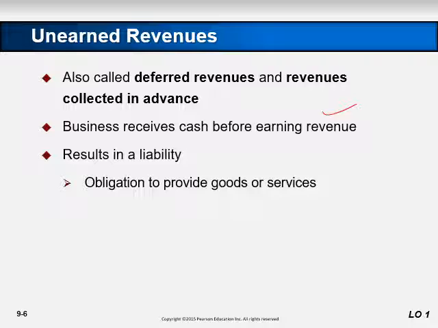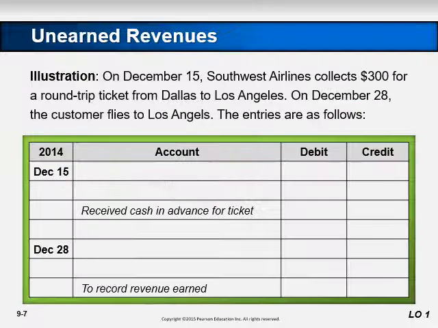So the accounting says you have to follow the matching principle, and we call this unearned revenue. So we create a liability. Here is the illustration. Just pause the video and read it.